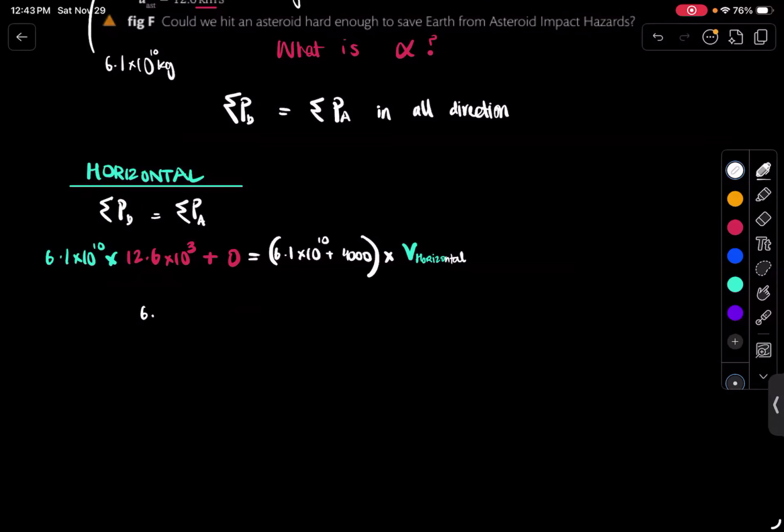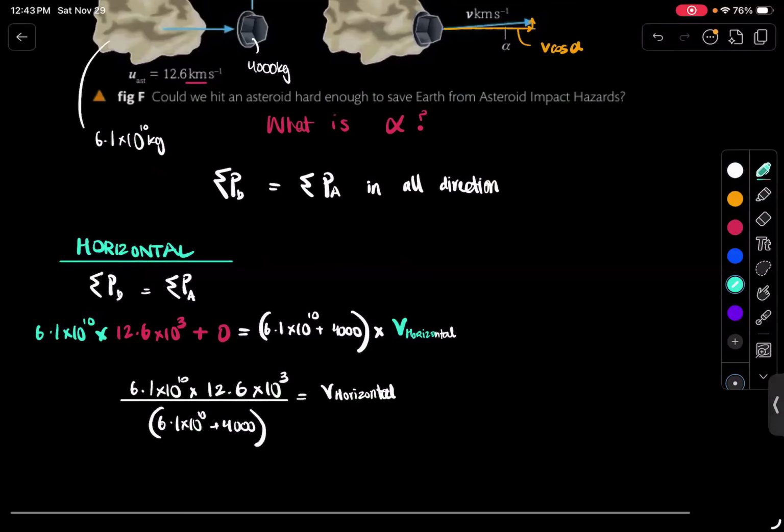I'm going to write down this equation for you, so plug in the answer: 12.6 times 10 to the power 3, then this is divided by 6.1 times 10 to the power 10 plus 4,000. Can you plug this in? This will give me V horizontal. Once we get to the end of the question, you will see why we are doing this.